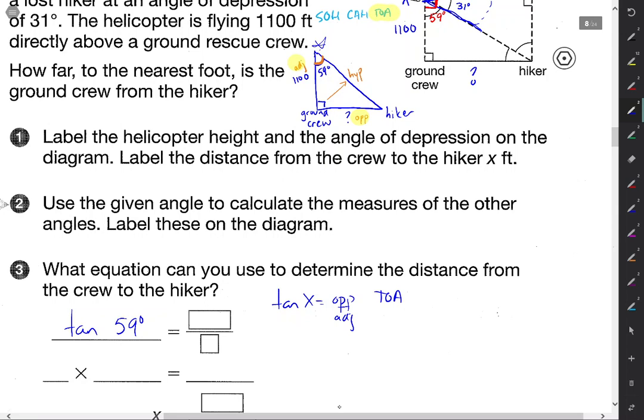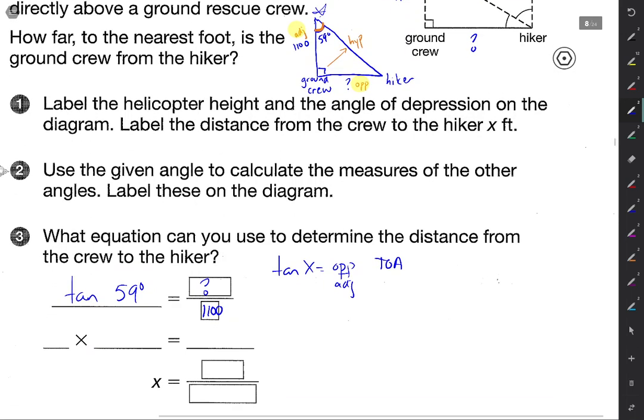The opposite side, we don't know what that is, so we're going to leave that blank. But we do know what the adjacent side is. The adjacent side is 1,100. Then we need to get that question mark all by itself, because that's what we're trying to solve for.